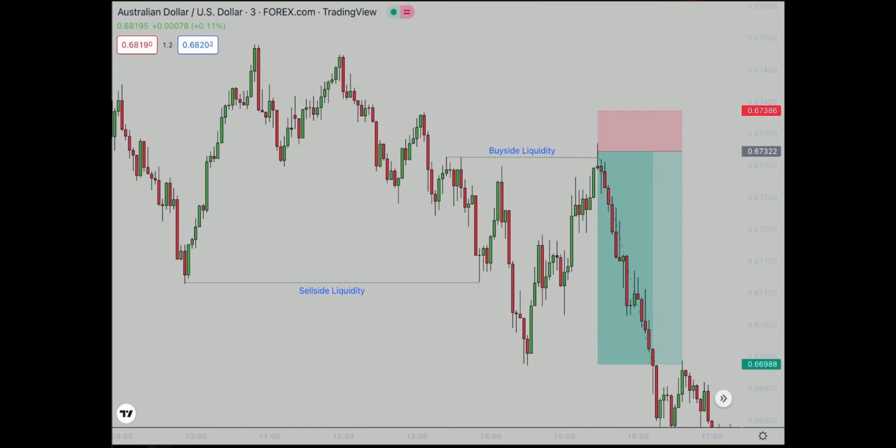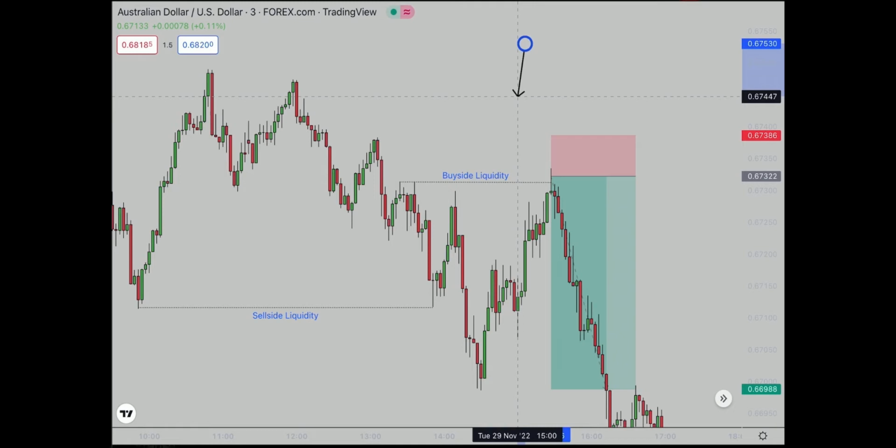It applies the basic knowledge of liquidity in the markets. Here you can see that we have an equal high, which is a place of liquidity for the institutions, meaning that retail traders place their stop loss right above these two levels.